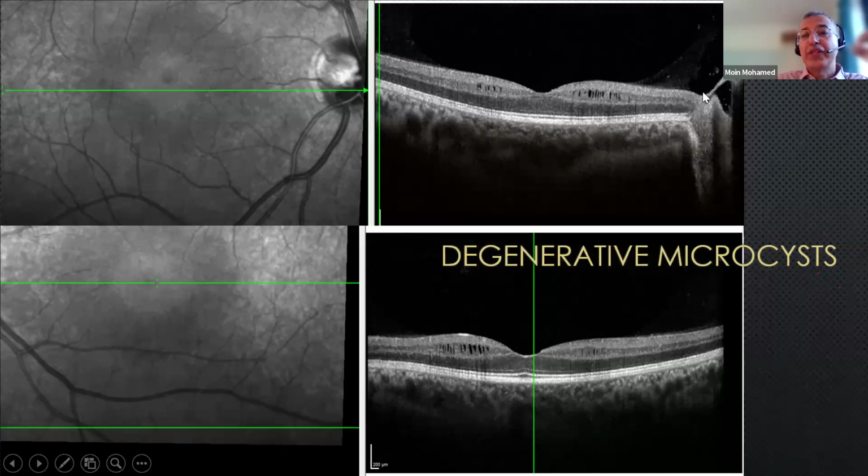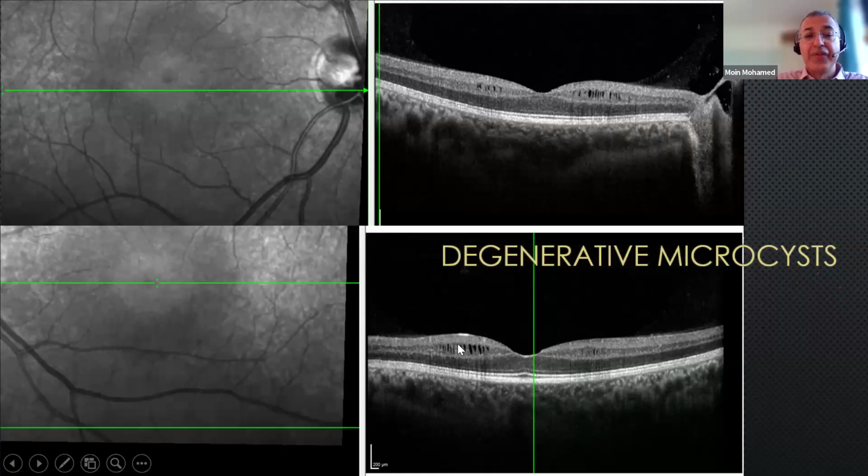There should be a thick white wedge of nerve fiber layer going into the optic nerve head, and then this is a secondary degeneration, and this is a little bit more internal, so it's not in Henle's layer, but it tends to be in the plexiform, in the bipolar layer, in the outer, sorry, the inner nuclear layer.